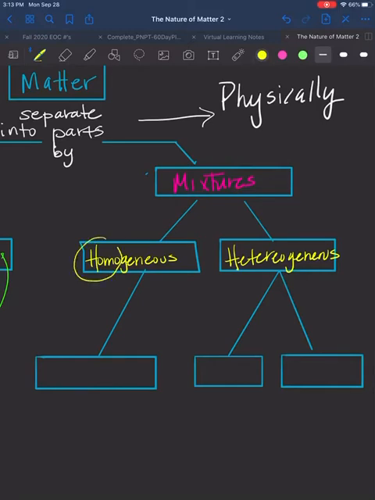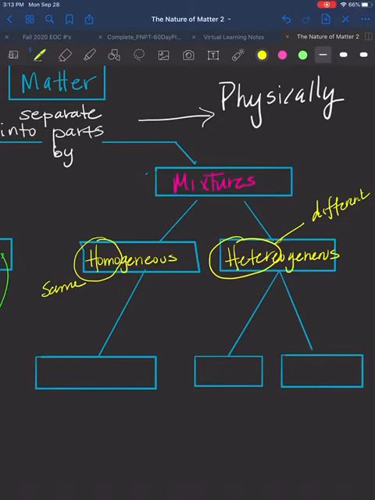The prefix homo means same. The prefix hetero means different. And those are handy definitions to remember as we talk about what these mixtures look like. It doesn't matter if my mixture is homogeneous or heterogeneous, I can still physically separate the components of these mixtures.